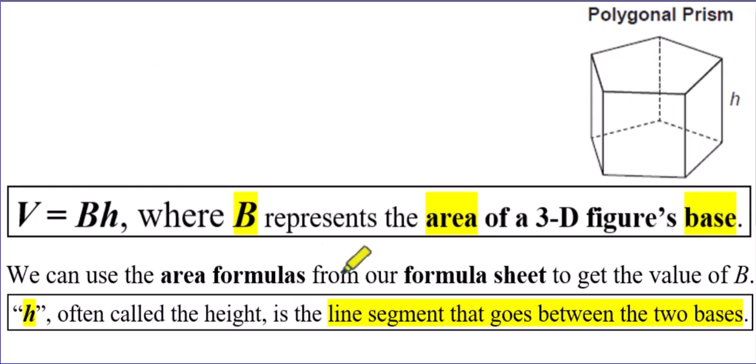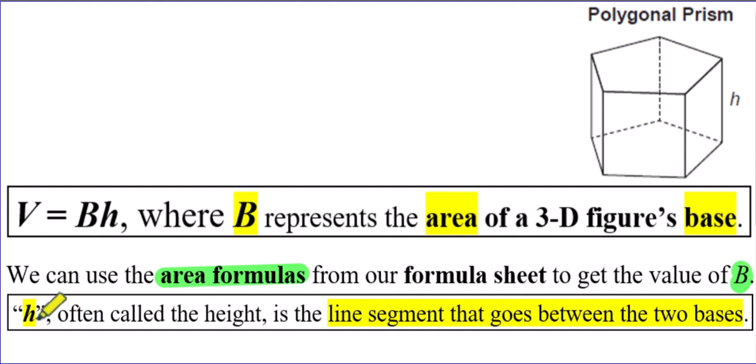Now, for the volume of a polygonal prism, the formula is capital B times lowercase h. Now, capital B is the area of the 3D figure's base. We will use area formulas from our formula sheet to get the value of capital B.